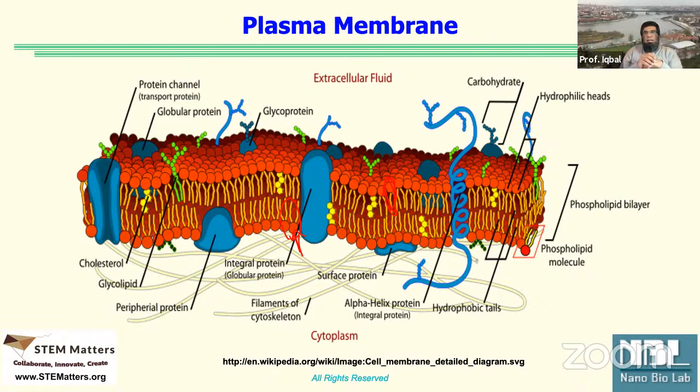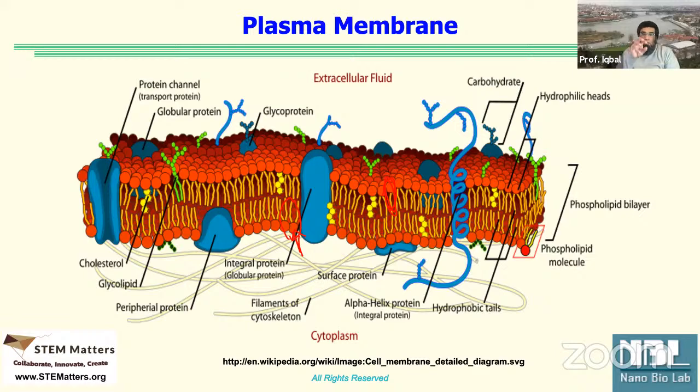And then there are things which are part of that membrane. We'll talk about some of those. Right now, I want you to just focus that the plasma membrane is the outermost covering of a cell, and it separates it from other cells and from the outside environment.